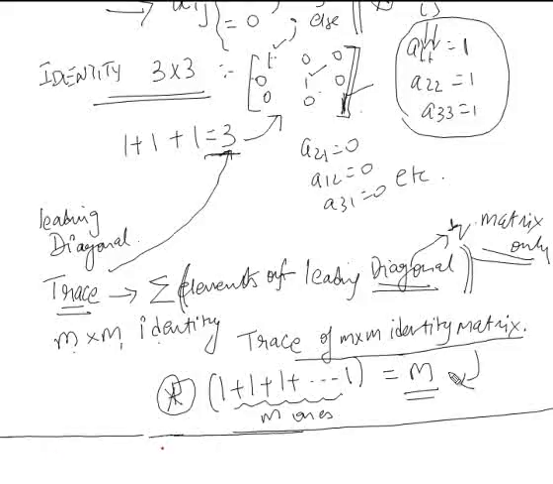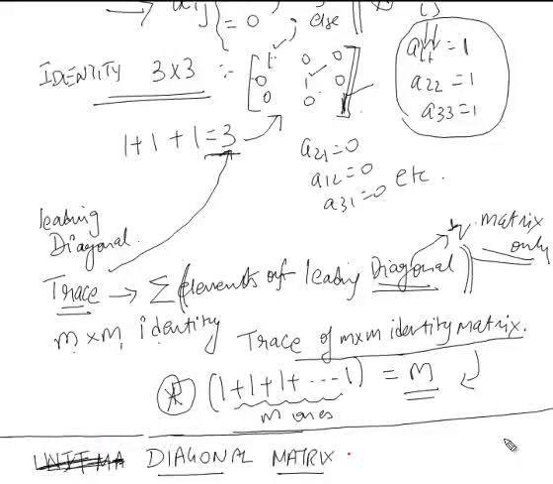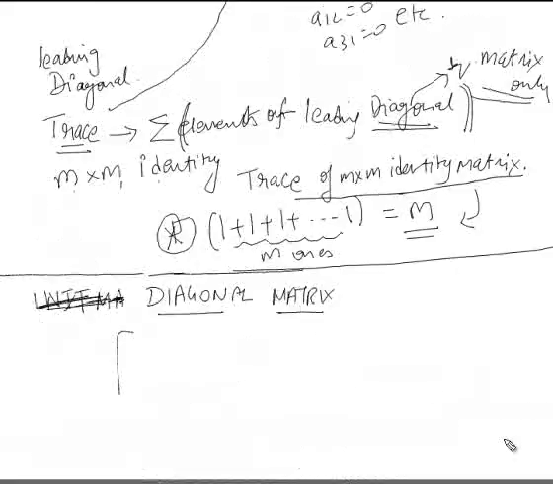Okay, now the second thing I want to introduce is the notation of a diagonal matrix. A diagonal matrix is nothing but a matrix whose structure is such that it has non-zero entries in the leading diagonal.